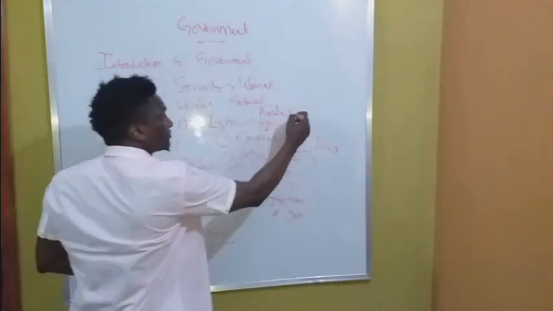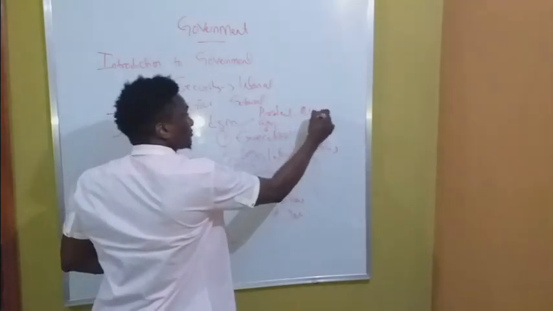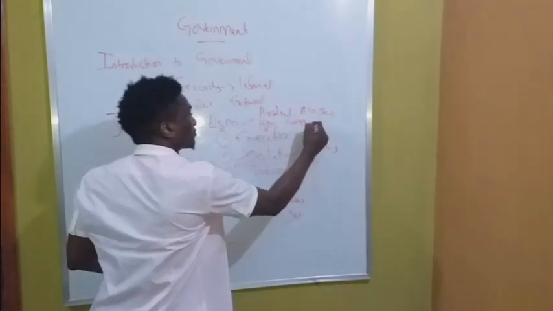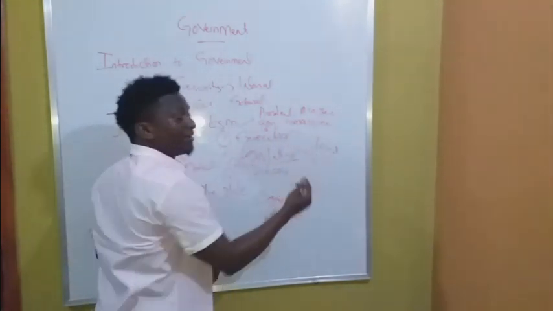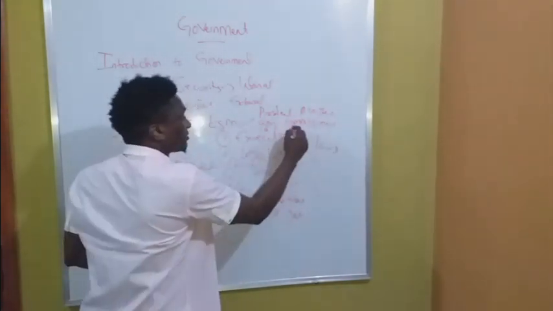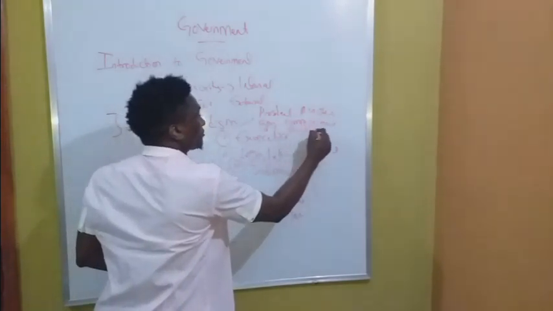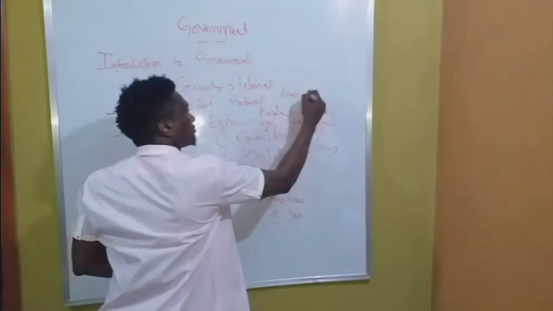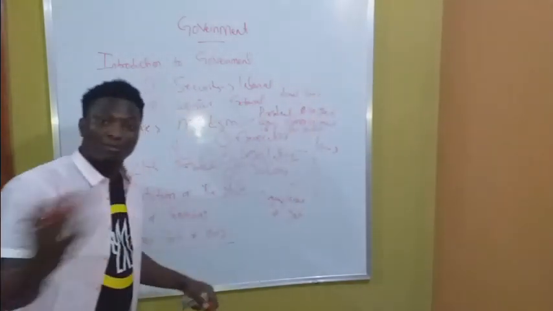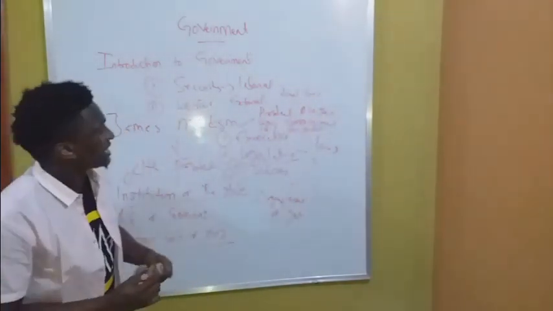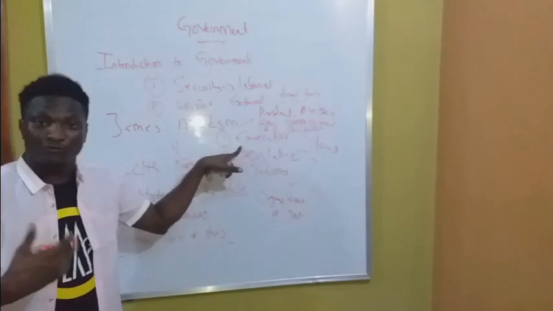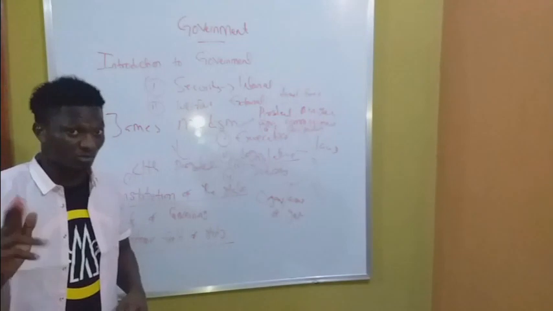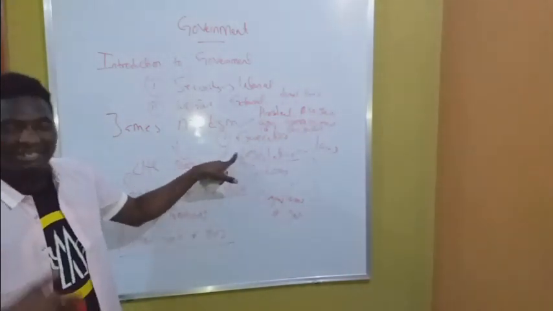Then we have ministers, commissioners, civil servants, the armed force, among many others. And their responsibility is to formulate and implement government policies, and they also enforce the law, just so you know.